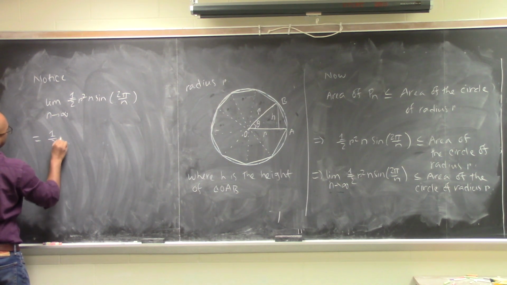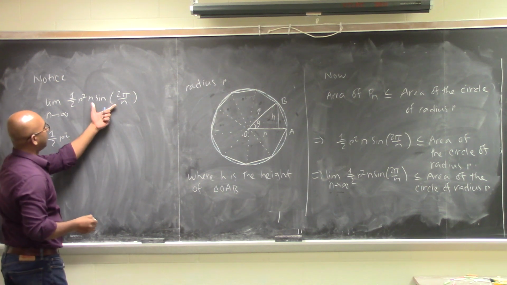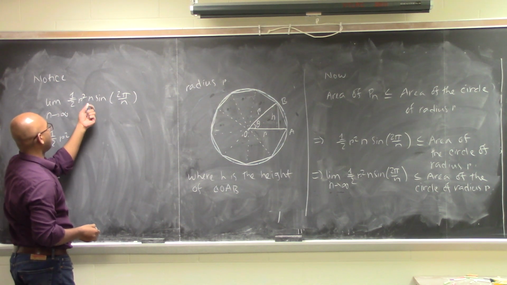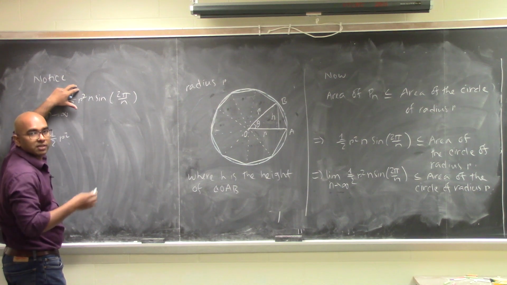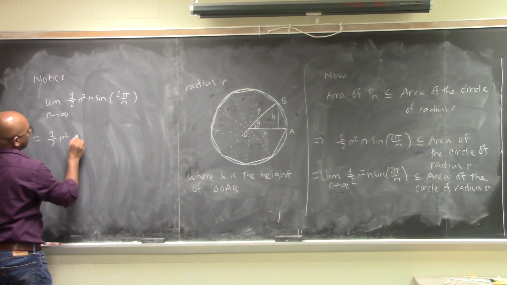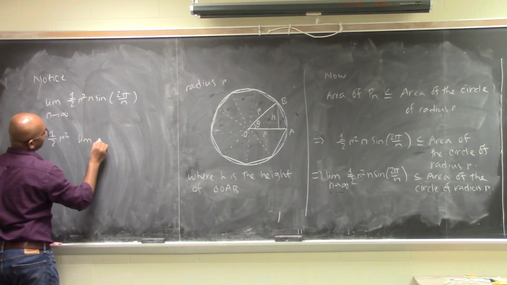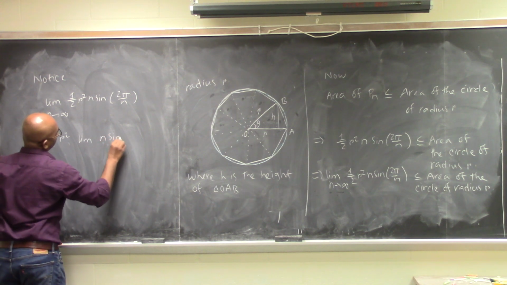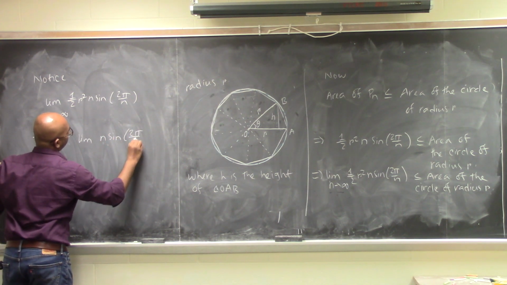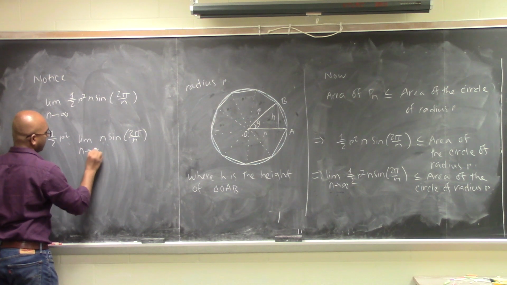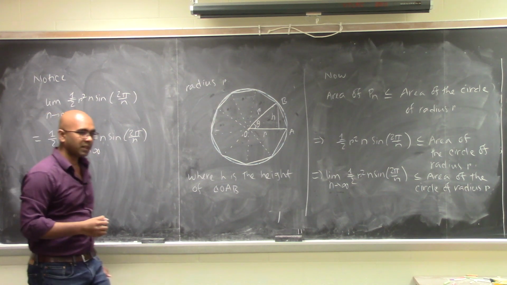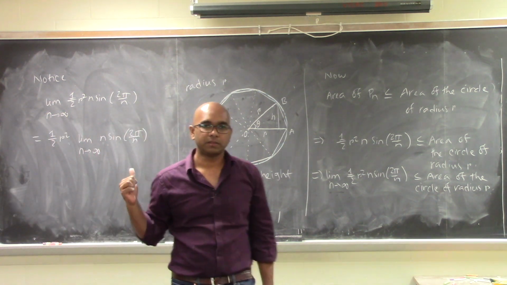Since this limit is on n, 1/2 r squared is a constant, so we can factor that out, right? So this is the limit of n times sine 2 pi over n as n approaches infinity, right? Now, does this look familiar?